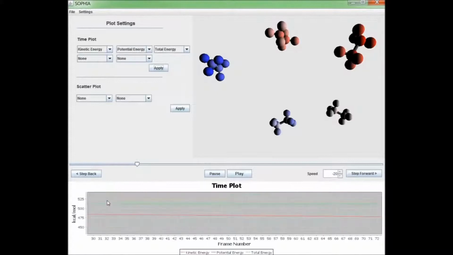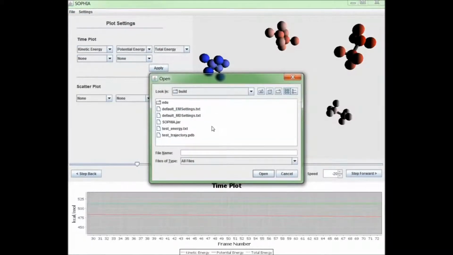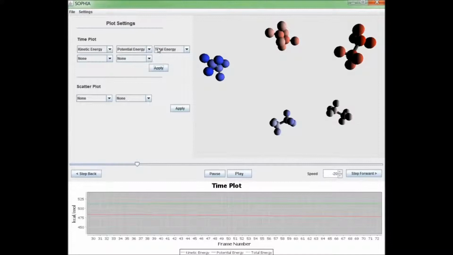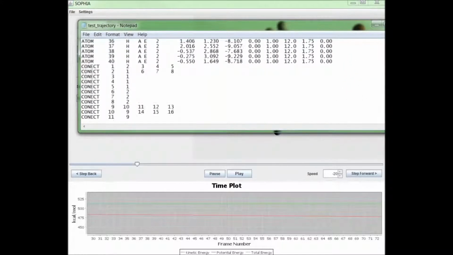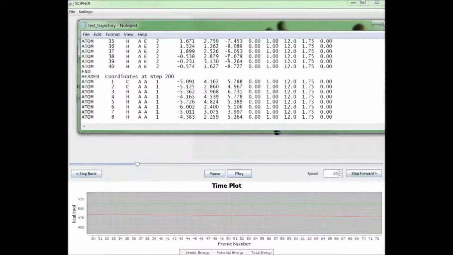You can zoom in on the particular areas you want to see, as well as look at the trajectory output that can be saved. And the trajectory output gives you a more thorough look at the specific numbers of each of the atoms along each of the steps.